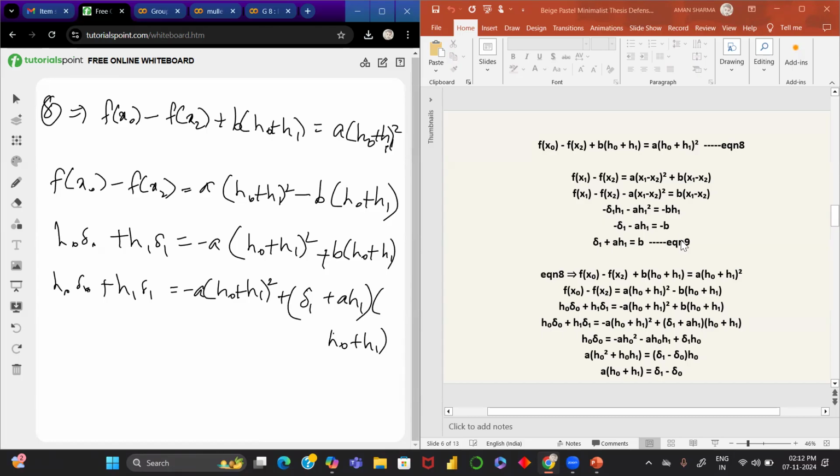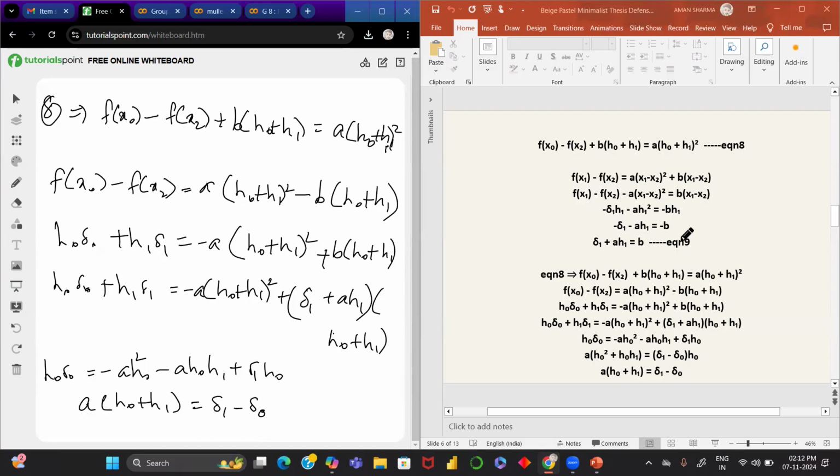And by expanding this and cancelling the terms, we get x naught delta naught is equal to minus a into x naught square minus a x naught x1 plus delta 1 x naught, and cancelling the terms of x naught, we get a into x naught plus x1 is equal to delta 1 minus delta naught.